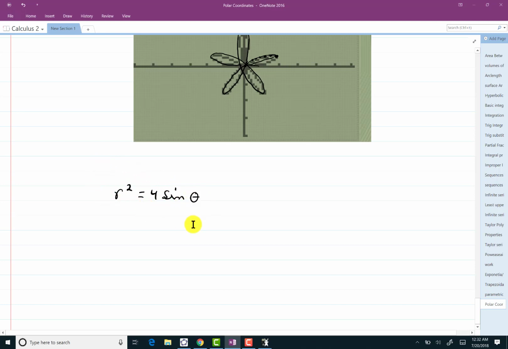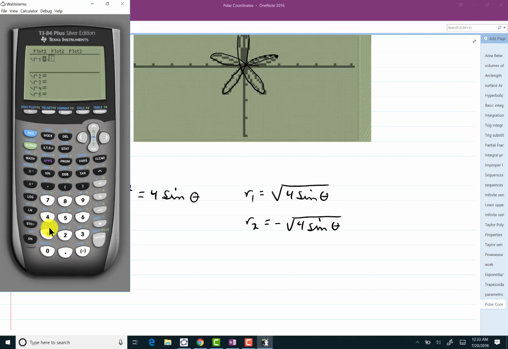For something like this, you're left with the obvious thing, and that is to write r1 equals the square root of 4 sine of theta, and then r2 would equal negative the square root of 4 sine of theta. And let's see what the graph looks like.